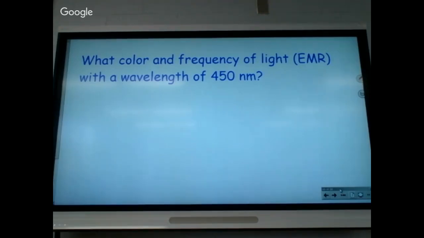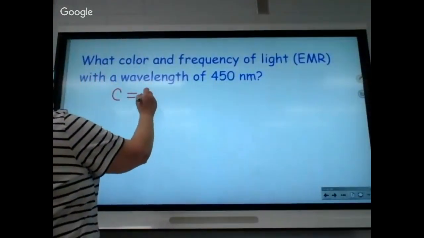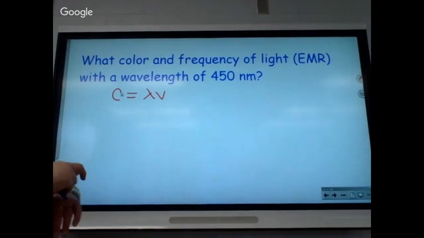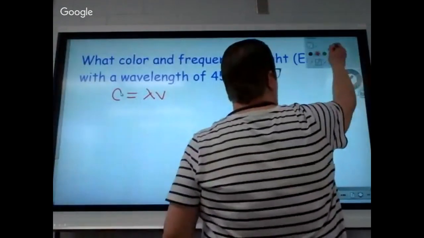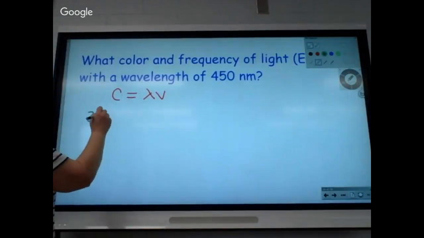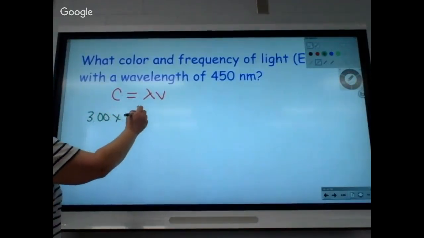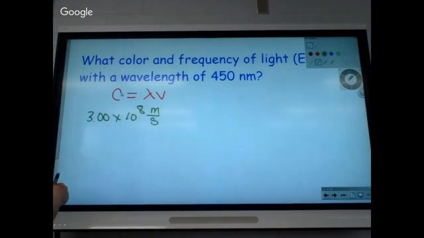Alright, so, how do we find frequency? It's c equals lambda nu, alright? So we're using c equals lambda nu, that's our formula. You better remember it. Alright, so from there, here's our problem. We know the speed of light is 3.00 times 10 to the 8th meters per second.